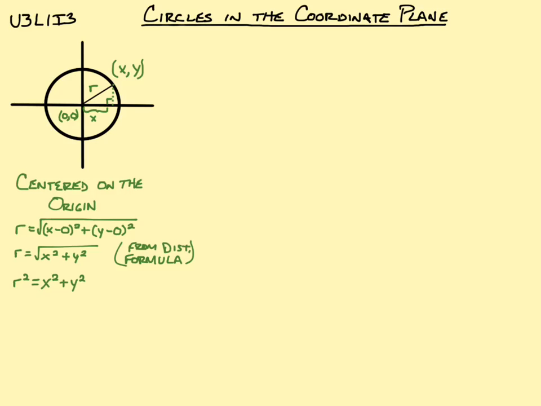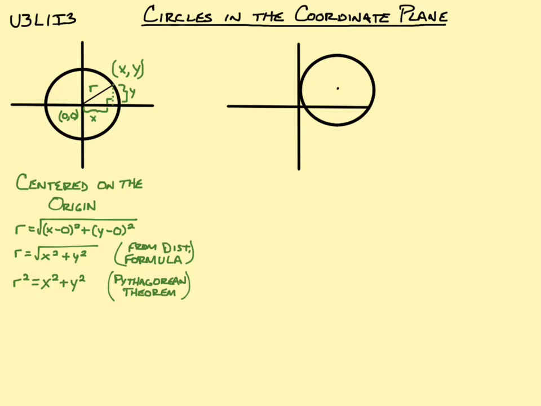We've moved that far to the right, and we've moved this far up, so that's our side x and our side y. And so if x squared plus y squared are the legs of a right triangle, then we know that the radius is the hypotenuse, and this formula is essentially the same thing as the Pythagorean theorem. So that's how we can find the formula for a circle centered on the origin.